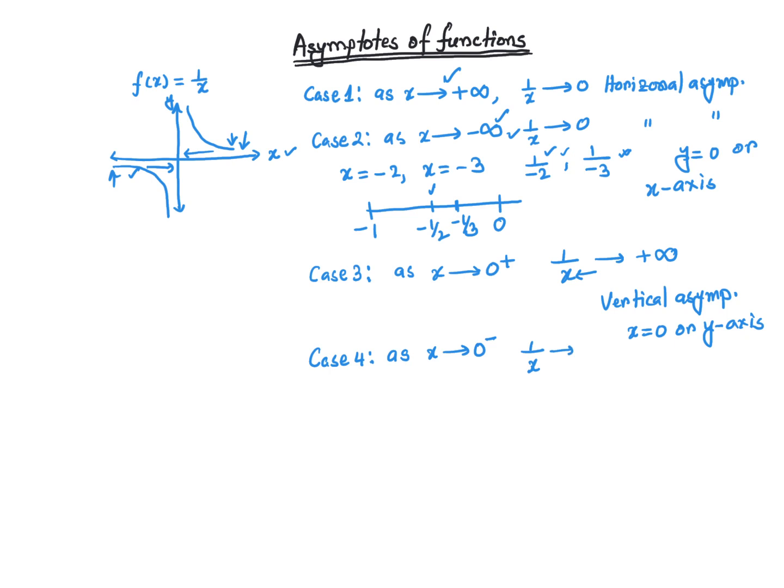It approaches negative infinity. Again, it's a vertical asymptote and it approaches the same line, which is the y-axis. In one case, it is going towards positive infinity. In another case, it is going towards negative infinity. I hope that this discussion was helpful. Thank you very much.